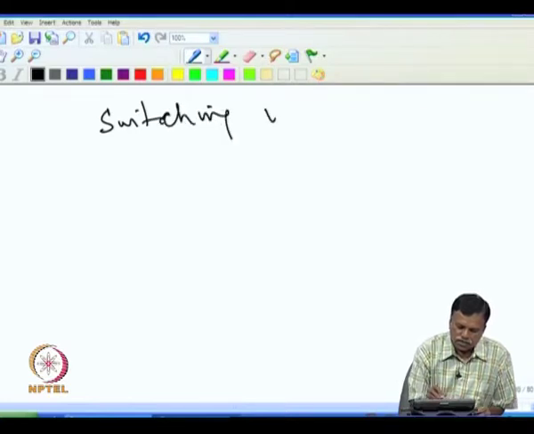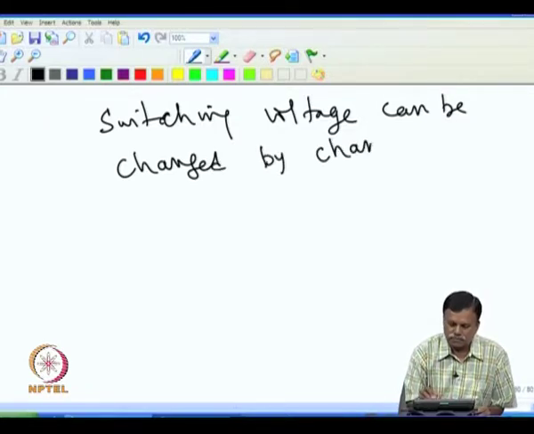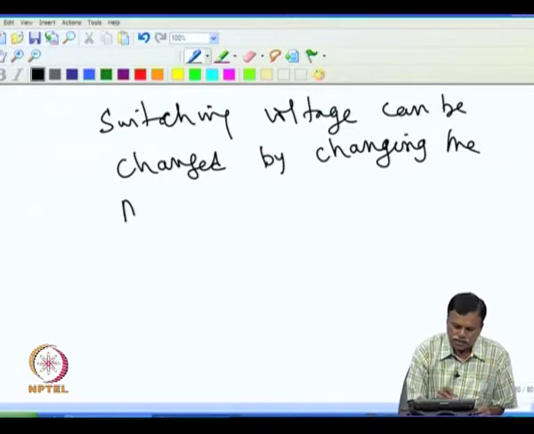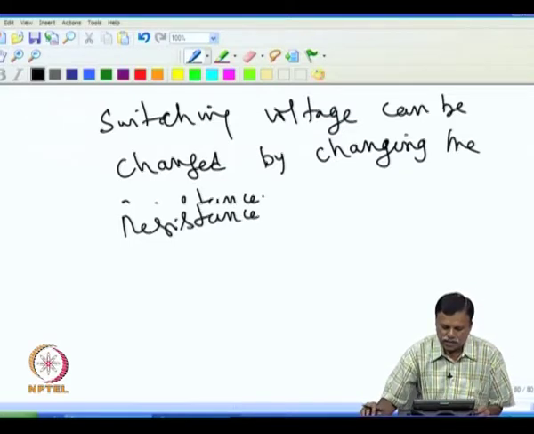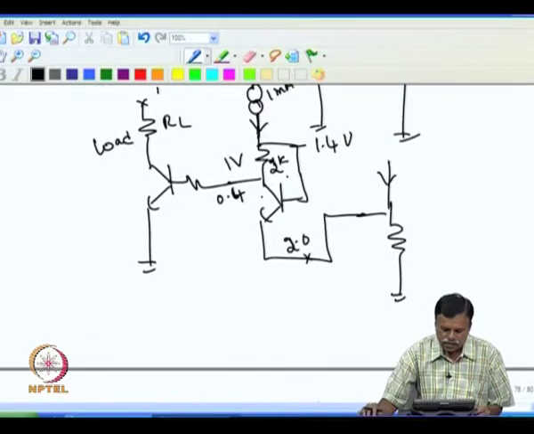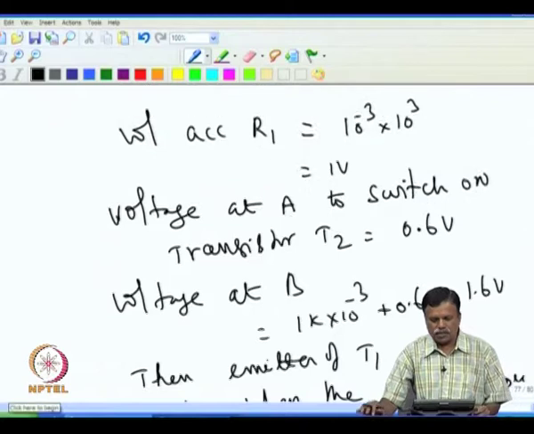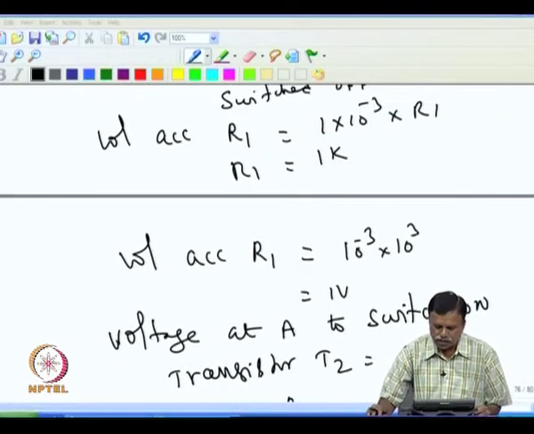Switching voltage can be changed by changing the resistance, I think that is kept as R2, that is R1.